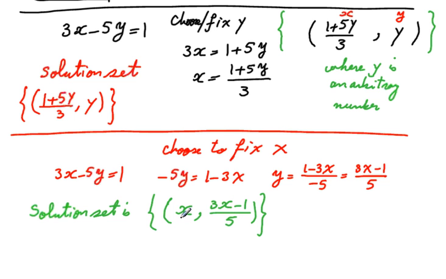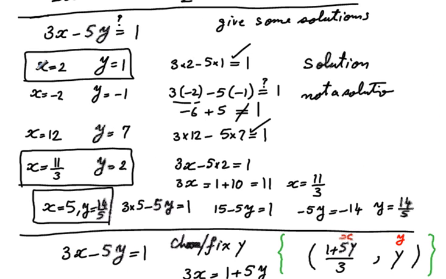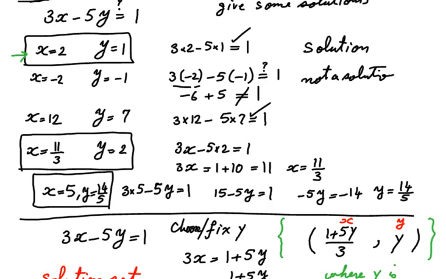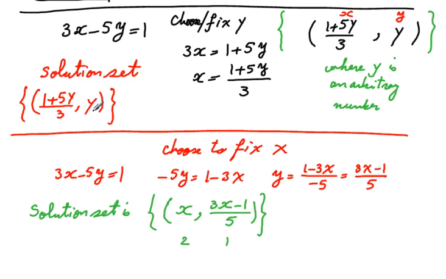Now again, if you go ahead and choose some numbers for x, for example, if you put x equal to 2, this turns out to be 1. Who is that? That is one of the first guesses you made here. So we see that you have a choice as to which one of these to be taken as your primary parameter and which one is going to follow suit and become dependent.